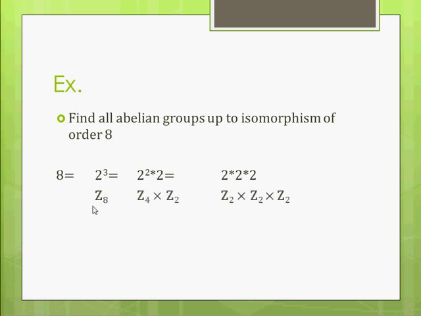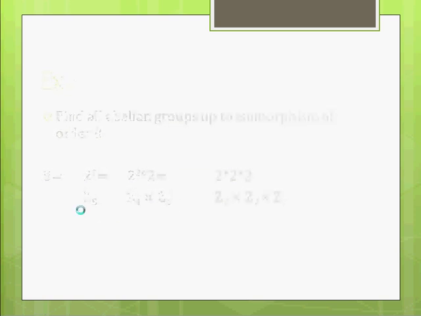So this corresponds to 3 different groups: Z8, Z4 cross Z2, and Z2 cross Z2 cross Z2. Notice all of these groups are order 8, as specified. We just rearranged the way we wrote those primes, and those are our new subscripts. And that will make more and more sense as we go along, I swear to you.